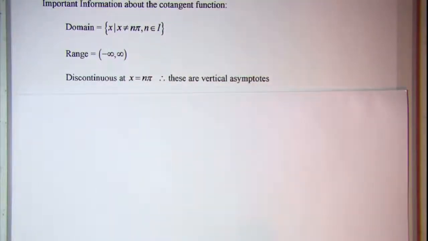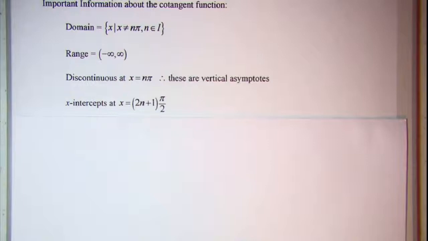It's discontinuous at x equal n pi, so these are our vertical asymptotes. The x-intercepts, or the zeros of the function, occur at x equal to quantity 2n plus 1 times pi over 2. So these zeros occur halfway between my asymptotes.